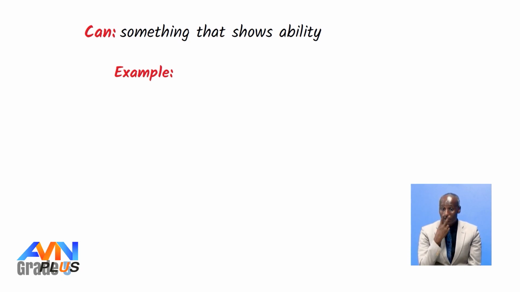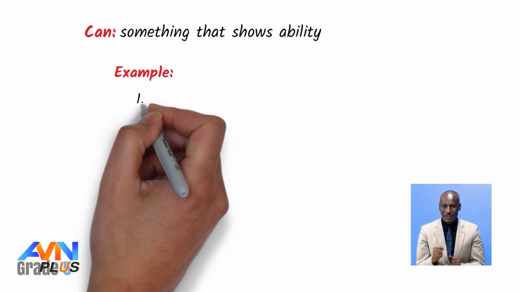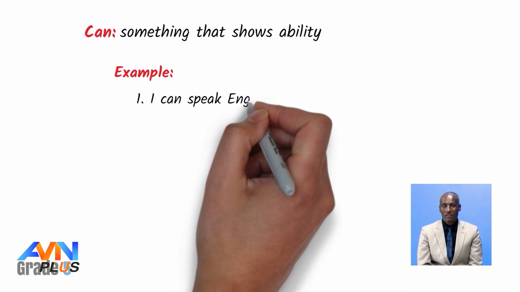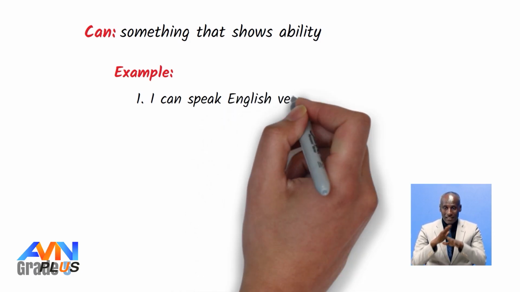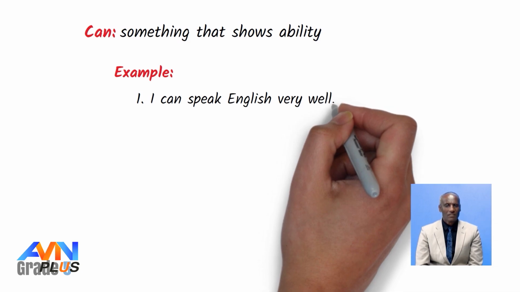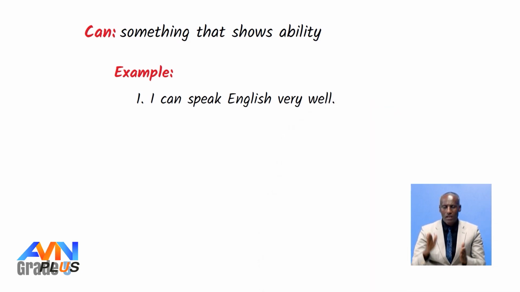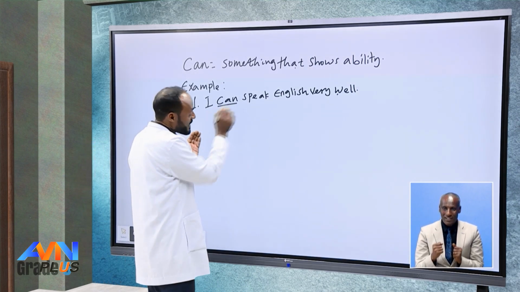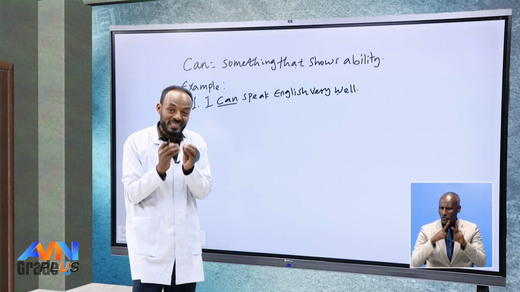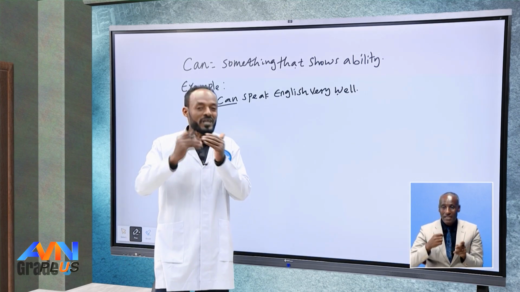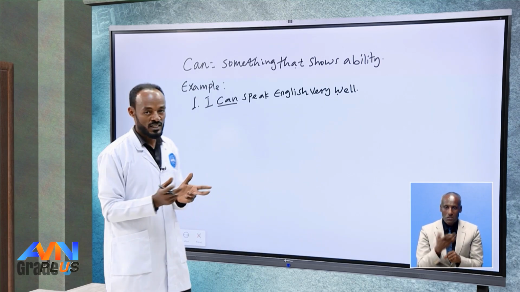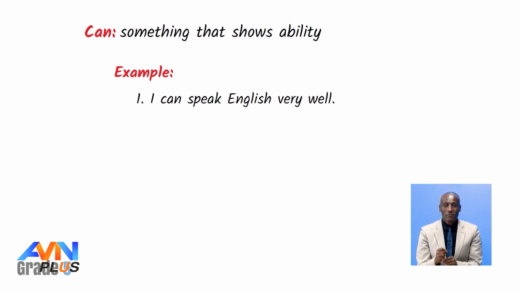Look, I can speak English very well. If you can speak English very well, you can use can because it shows ability. Ability means it shows that you can do something, that you can do certain activities. Is it clear? Another example.